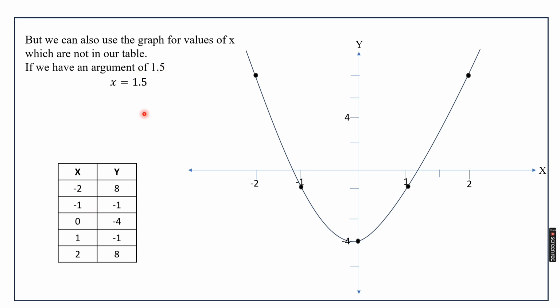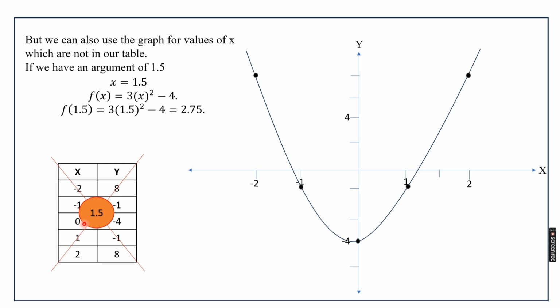So x equals 1.5, then 3x squared minus 4, inserting the value 1.5 in the function, gives 2.75 as our range. As we see from this, we don't have 1.5 listed, so we draw a vertical line until it crosses the graph of the function.